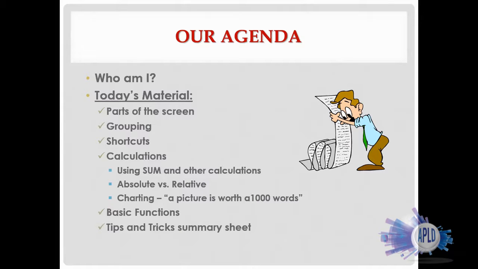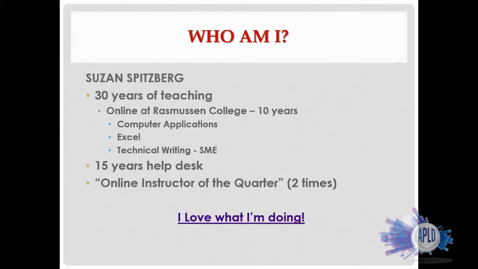We're going to talk about absolute and relative, because that's very important when you're doing calculations. And I'm going to show you charting, because a lot of people are more visual. They get scared when they see numbers, but when they see a picture, then they can analyze it better. And we'll talk a little bit about basic functions. And then, as I mentioned, I won't be pulling that up, but I will have a tips and tricks summary sheet for those of you who are interested.